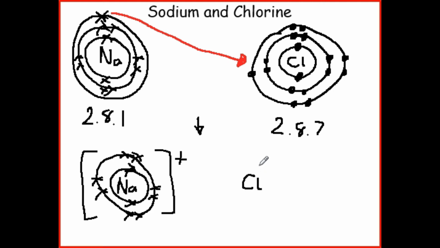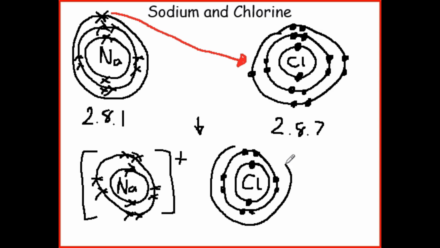Then we do our chloride ion, and again remember these were the dots, so 2 on the first shell, then we've got our 8 on the next shell, and then our final shell we have 7 electrons that were originally from the chlorine, so they're the dots, and then that electron there from the sodium we put it in but we keep it as a cross.